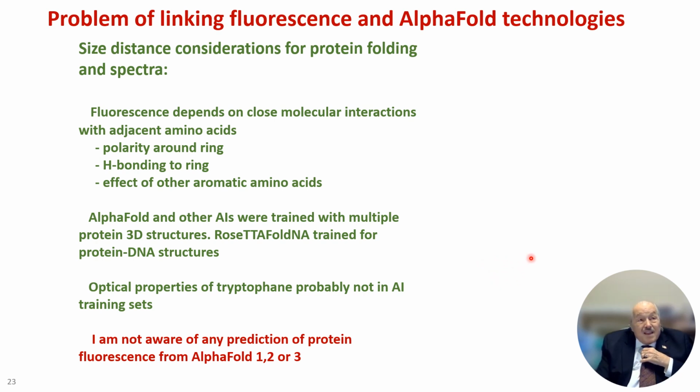I haven't seen any explanation yet where the researchers have extracted from the AI programs what they consider most important in predicting protein folding. But I think one thing that's pretty certain is that the optical properties of tryptophan have probably not yet been included in the training sets for the AI programs.